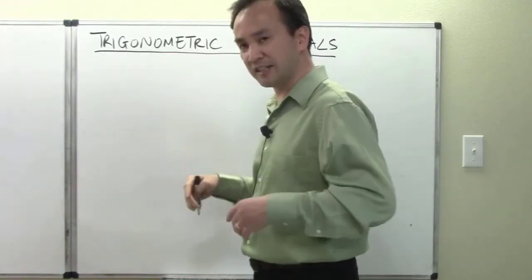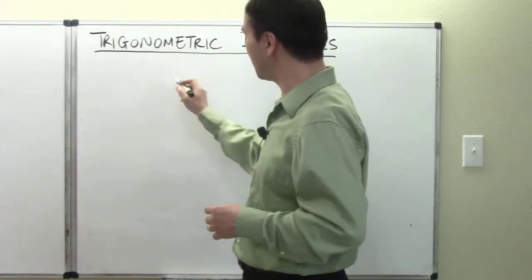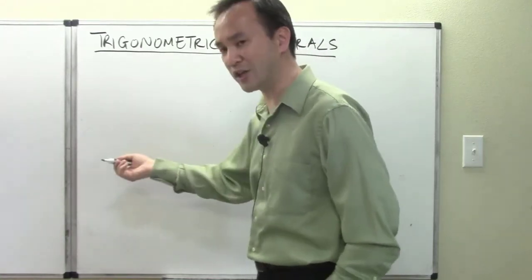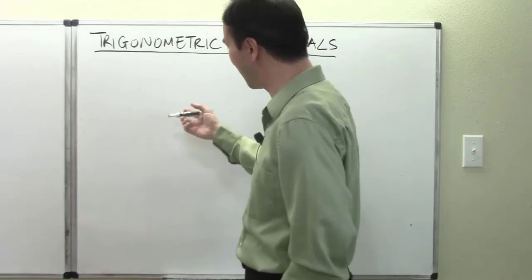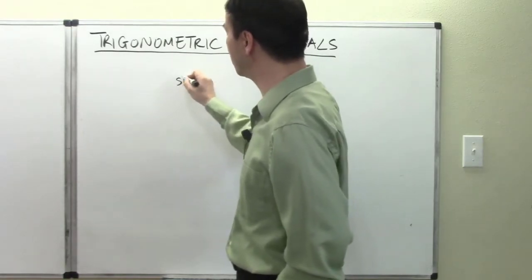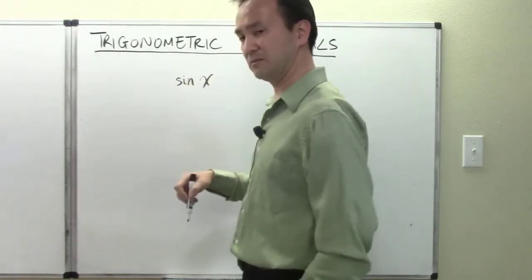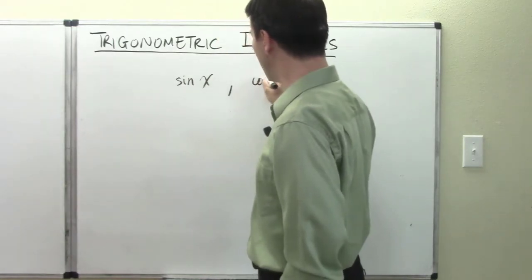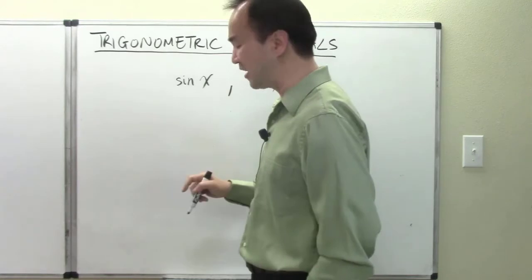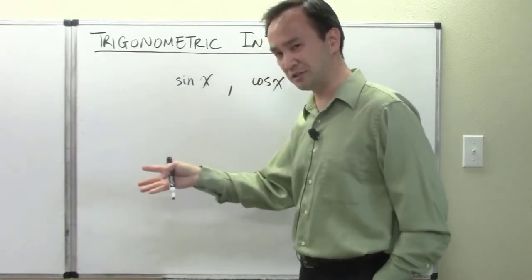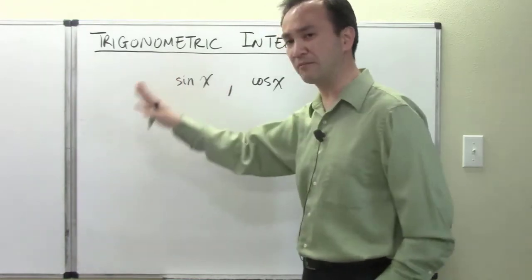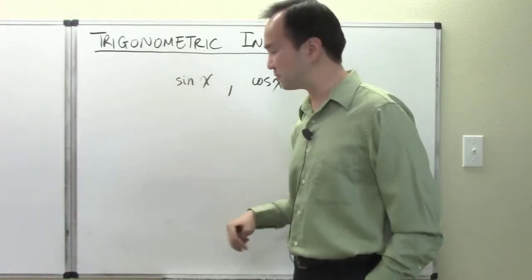As far as what a trig integral is, anyone who has arrived at this calculus video lecture should be well familiar with the basic trig functions: sine of x and cosine of x, and from these two functions we build the other remaining four trig functions that make up the whole family of all six fundamental trig functions.